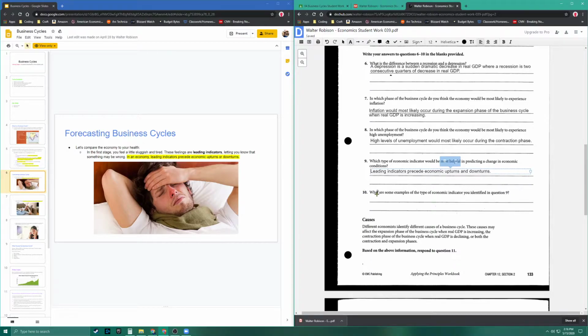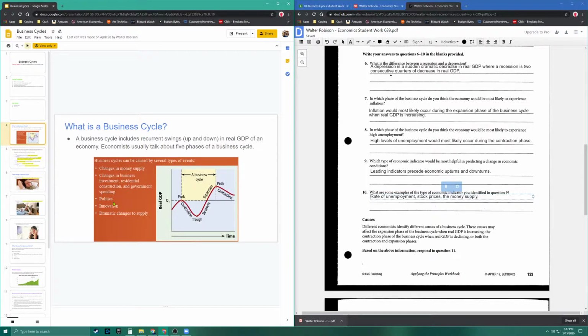What are some examples of types of economic indicators that you identify in question 9? This is things like the rate of unemployment or employment, stock prices, the money supply, consumer expectations.